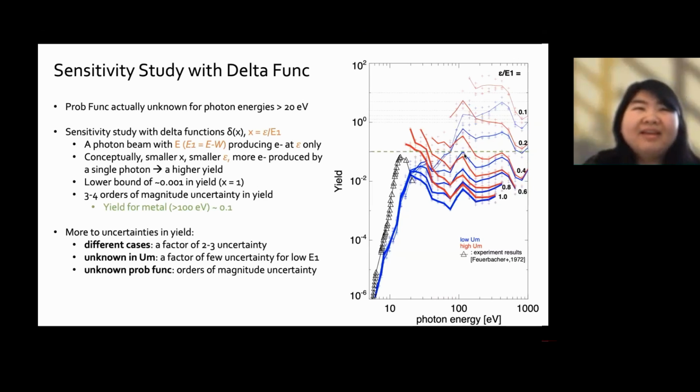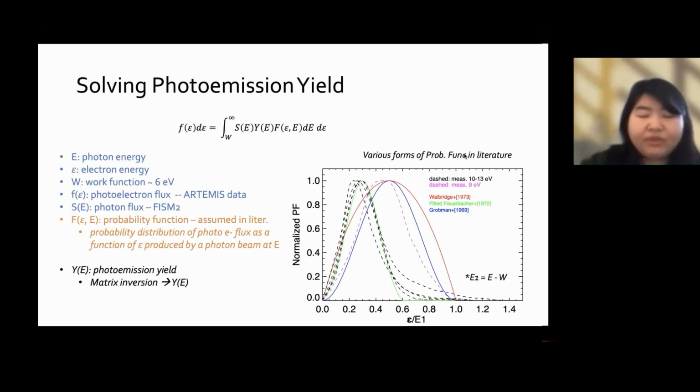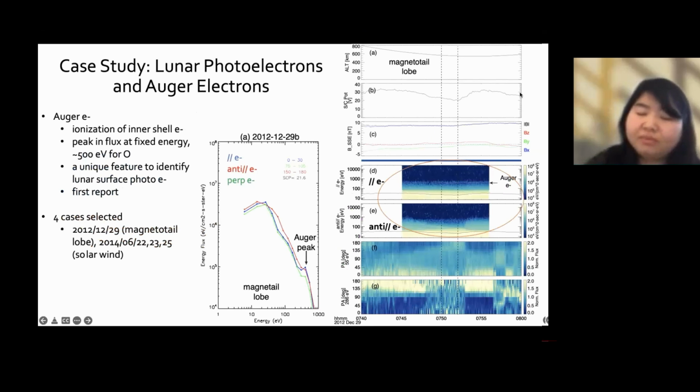One thing you can do is use the Auger electron feature. It will have a fixed energy that is different for different species. Theoretically, there are spectra showing different peaks at different energies for different species.